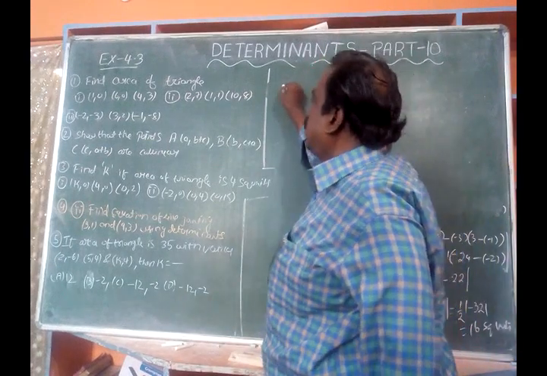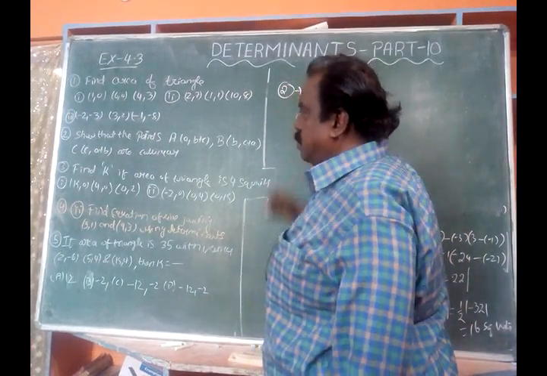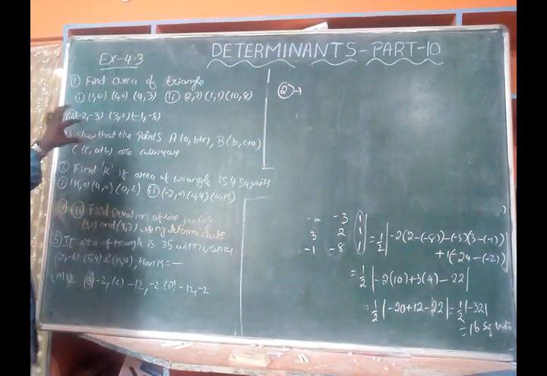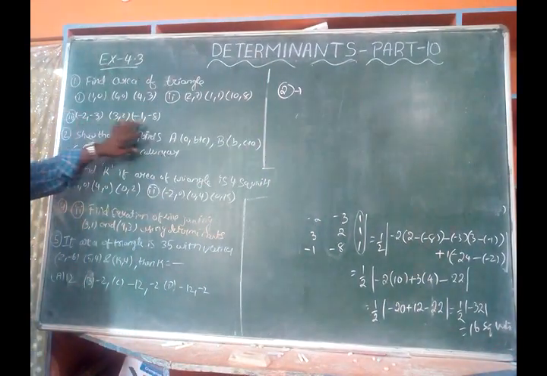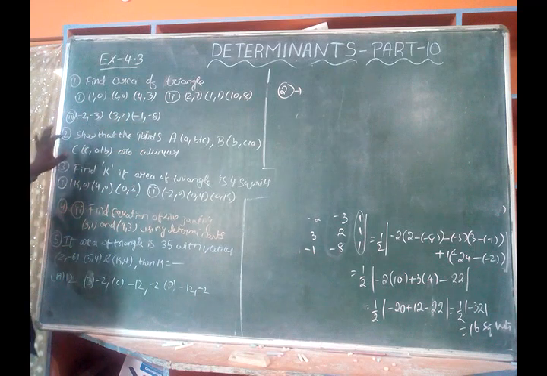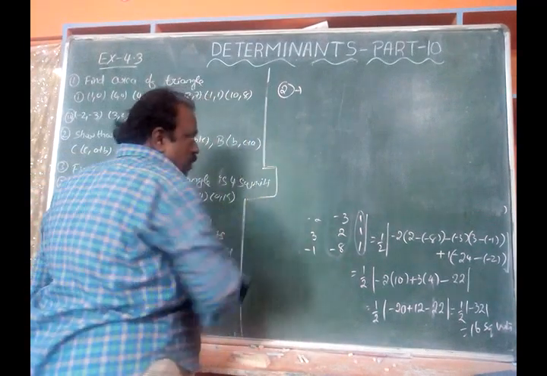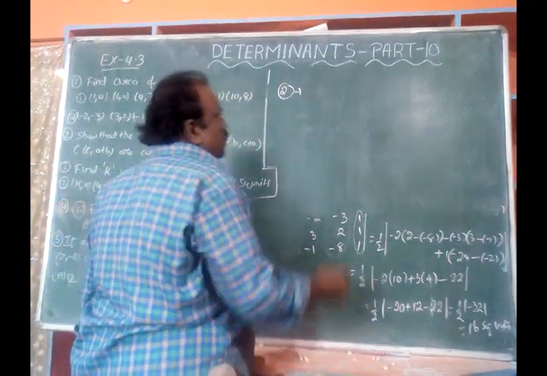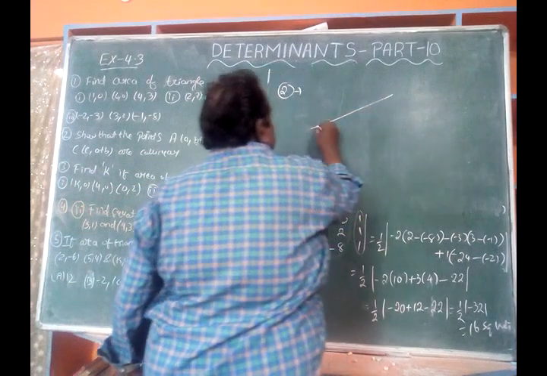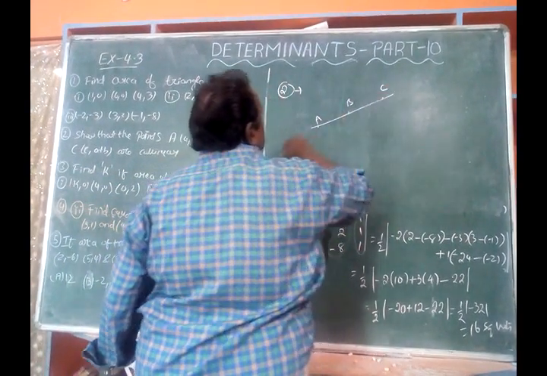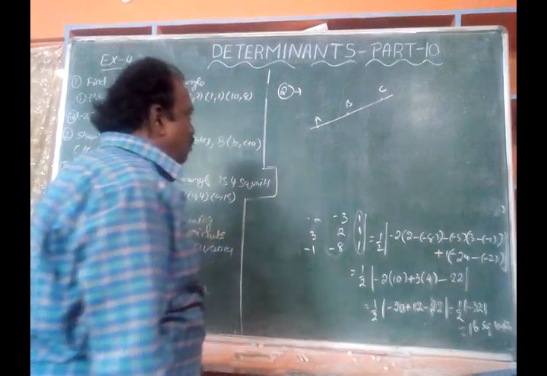Next, second one. Second one is an important type of concept, that the points we are given, capital A, capital B, capital C are collinear. Collinear means, suppose this is A and it is B, it is C, they are lying on the same line.